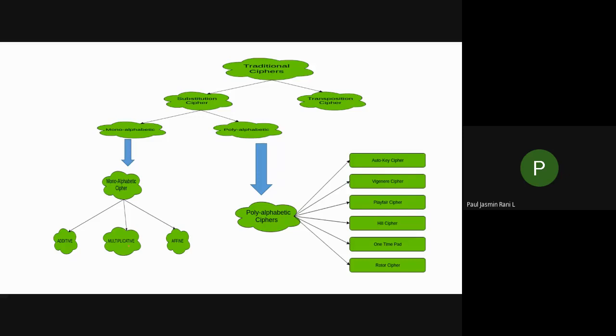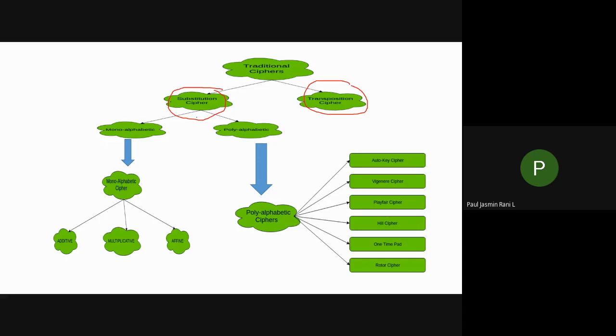In the first unit, you will have two types of problems: substitution problems and transposition problems. Substitution means in the place of one alphabet you substitute another alphabet. Transposition means you just move your alphabets; you are not going to replace them. That is the difference.